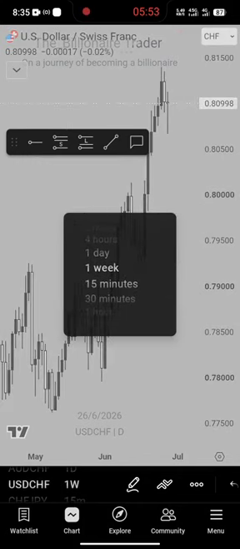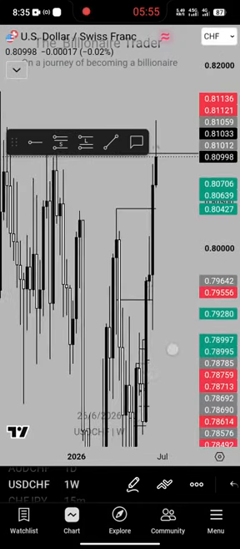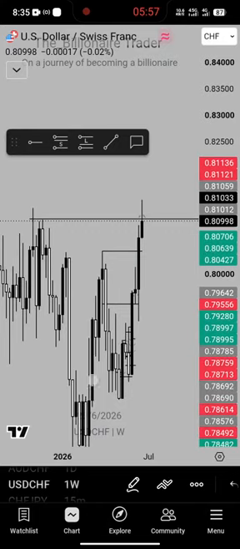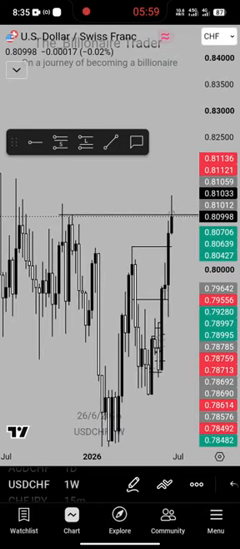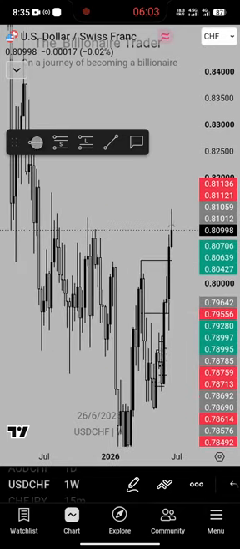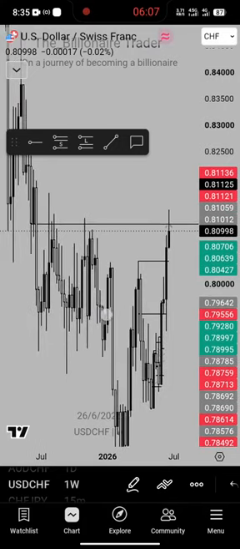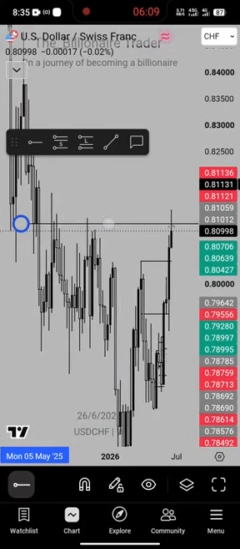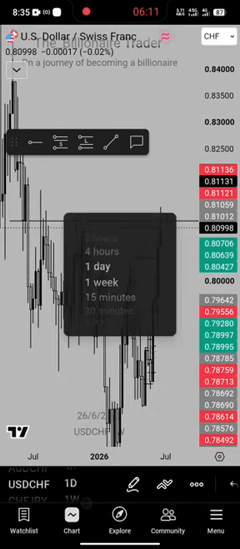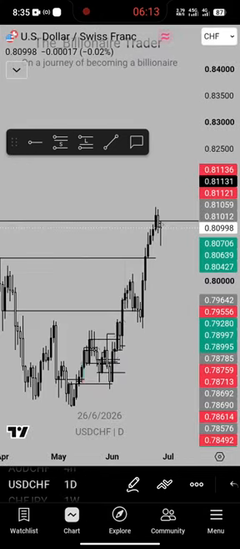Okay. So USD. Although we have this weekly reject weekly here, this rejection is from this key level. But on the daily, we don't have a confirmation yet.